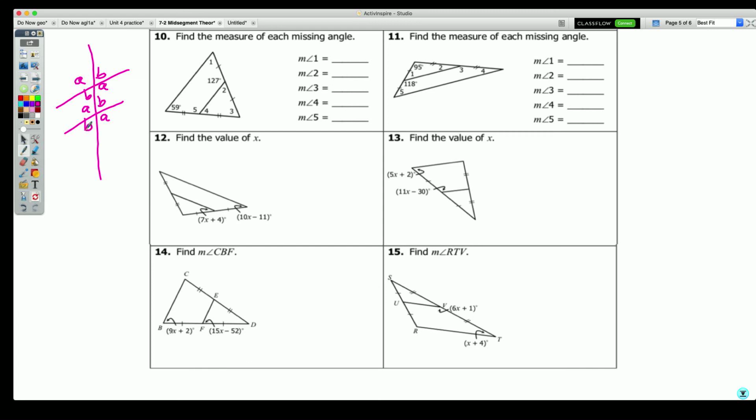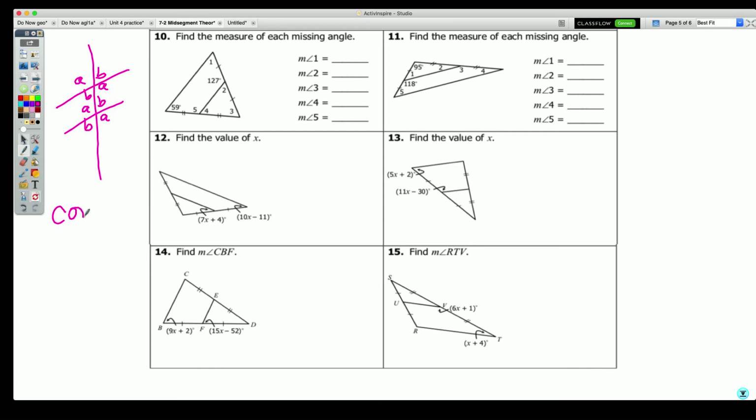Alternate interior, alternate exterior, corresponding. There's 4 more. Consecutive interior, yes. Consecutive exterior, all those good things.